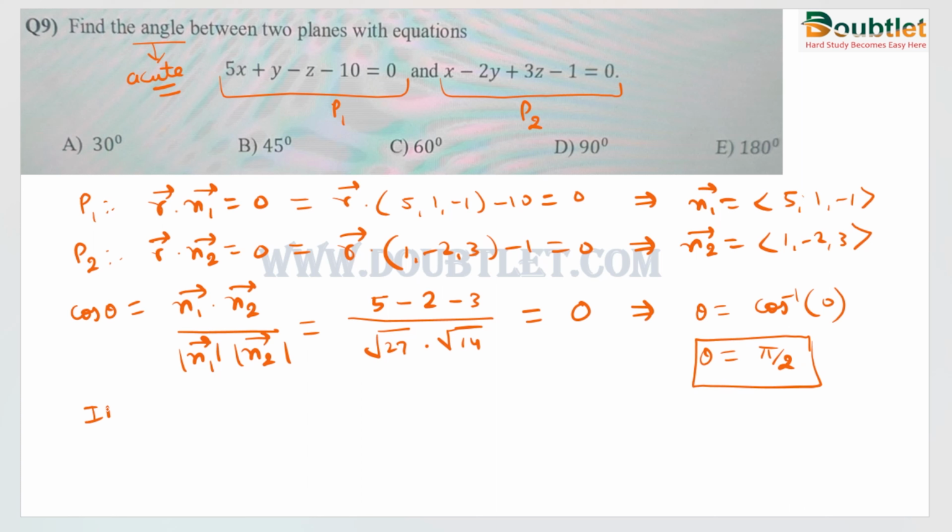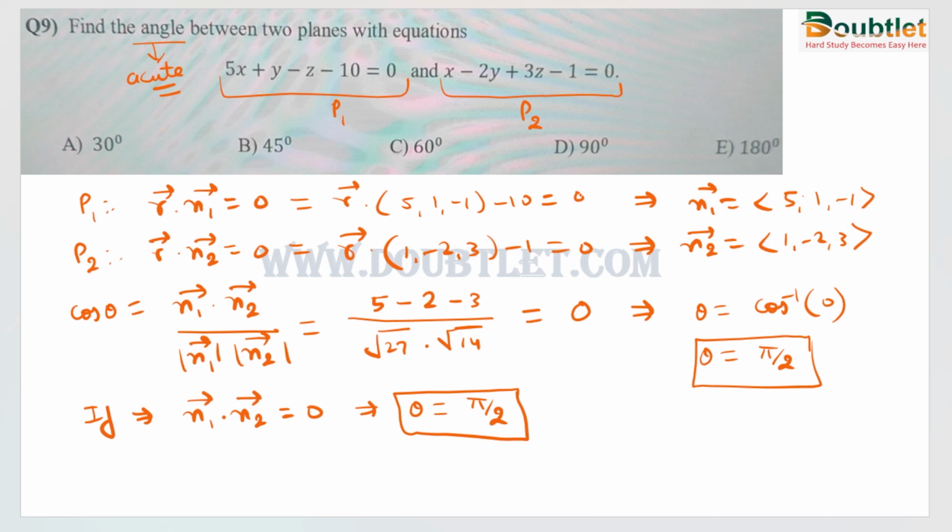So the result is, if the dot product n1 dot n2 is equal to 0, it means both planes are intersecting each other at 90 degrees. And if the coefficients are proportional, it means the planes are parallel, so their normal vectors are also parallel. In that case the angle will be 180 degrees.